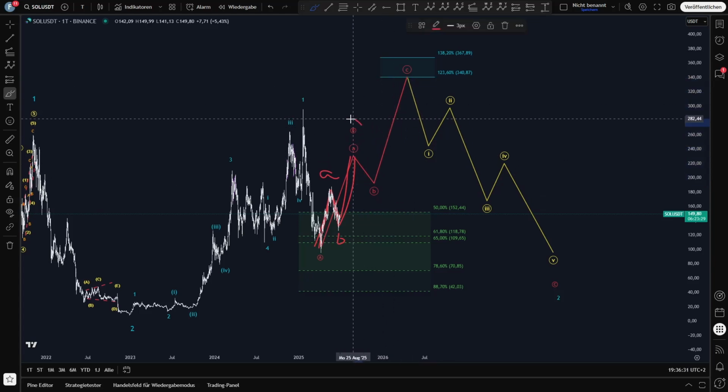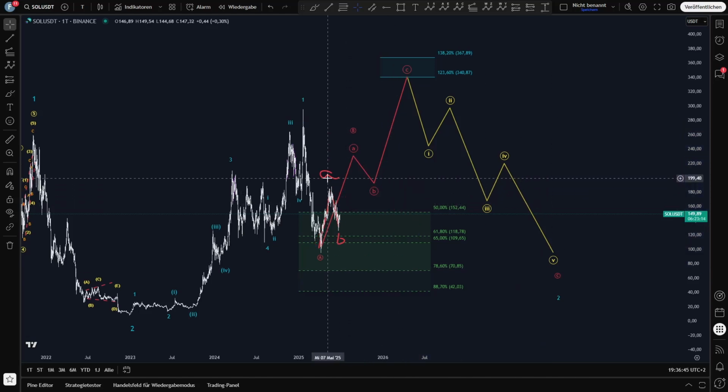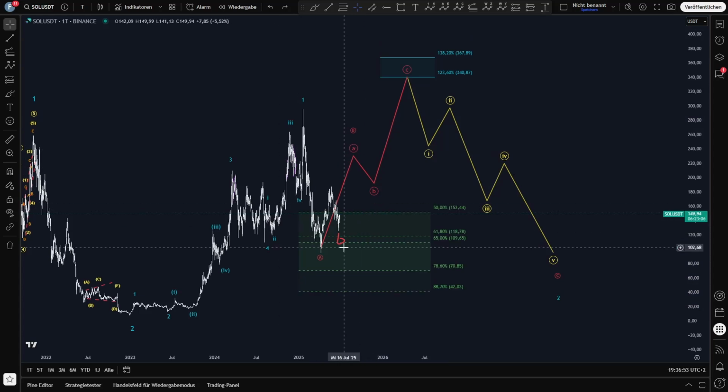So here is our top in the B wave, and from that point we would see a 5-wave move down to the C wave here. That's the less bullish scenario. Like I said, we can't tell right now which of the two scenarios will happen. The chart needs to give us more evidence on that to evaluate what is more probable.